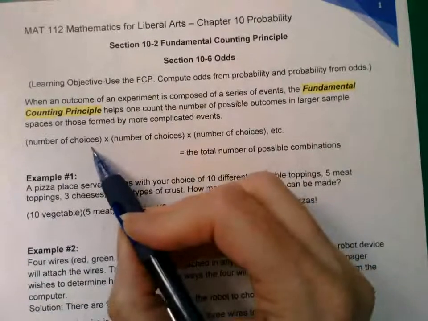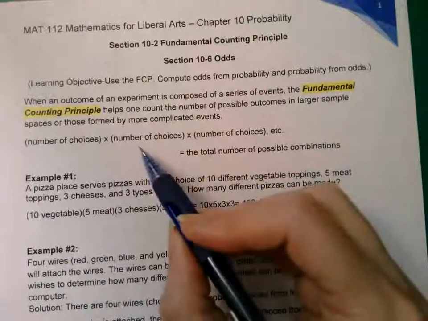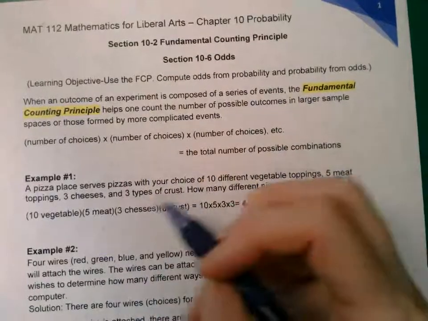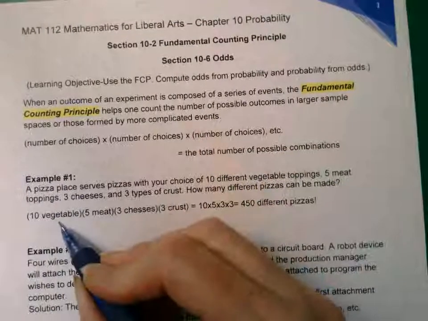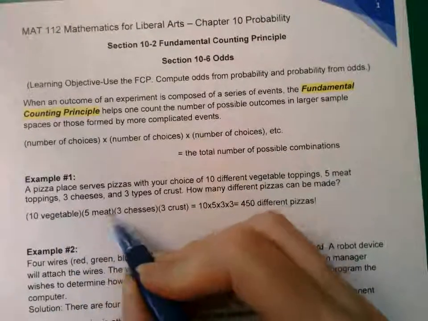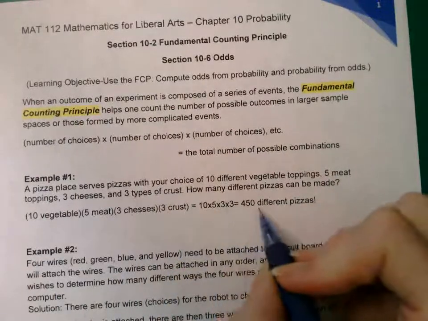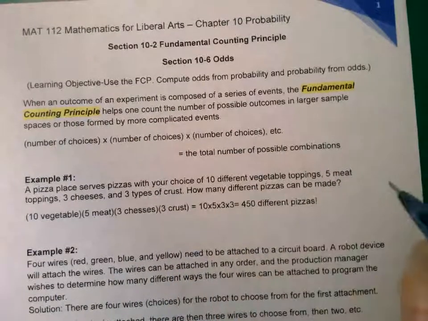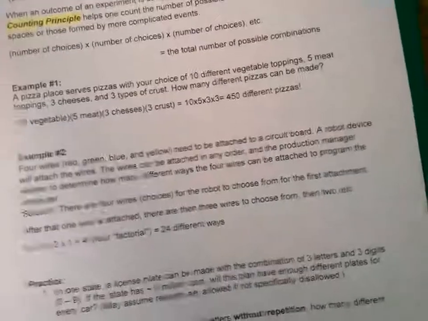What I can do is take the number of choices for the vegetables times the number of choices for all the different categories and so on. So this is going to be 10 times 5 times 3 times 3. That's going to give me 450 different kinds of pizzas I can order at this place.